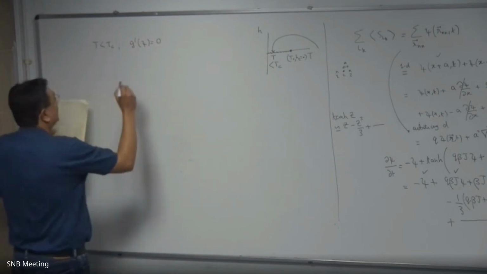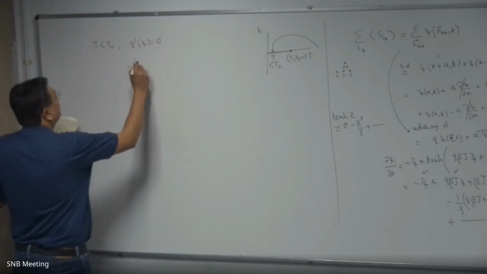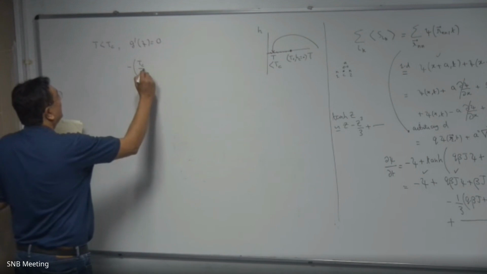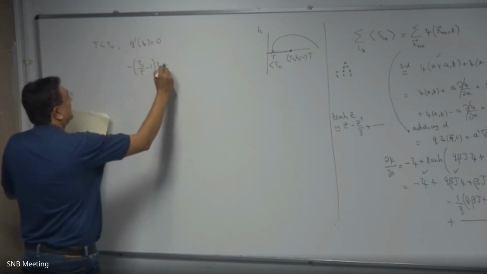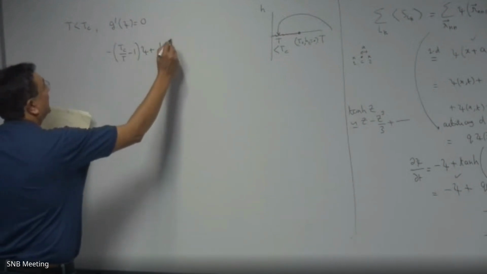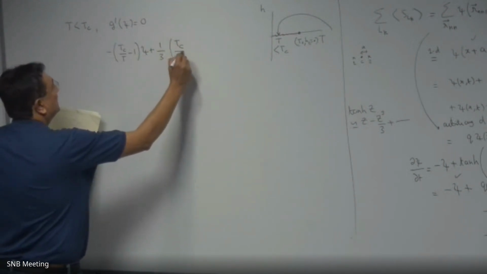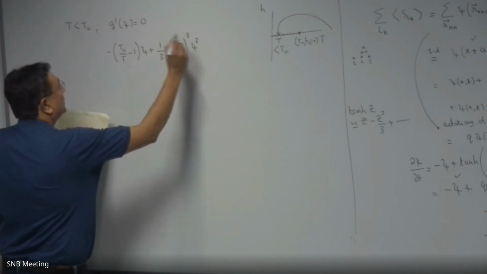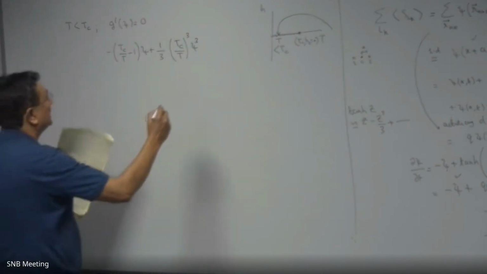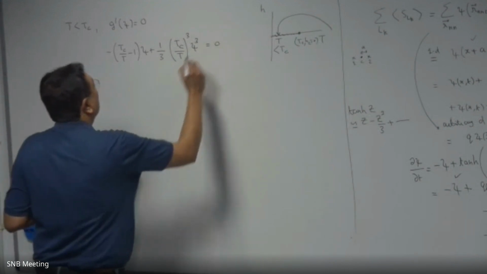And that gives me the equation minus (Tc by T minus 1) psi plus 1 by 3 (Tc by T) cubed psi cubed is equal to 0. And what are the solutions of this?